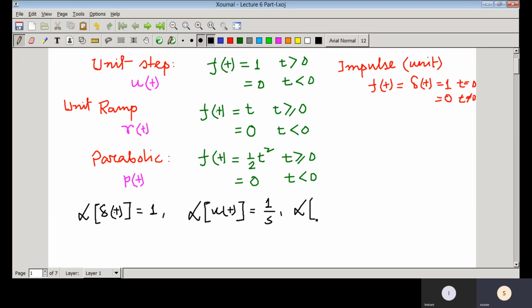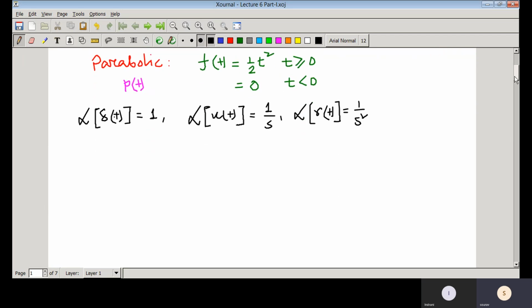Then the Laplace transform of the unit ramp function is 1 by s square. Here L is the Laplace operator, and the Laplace transform of p(t) equal to 1 by s cube.